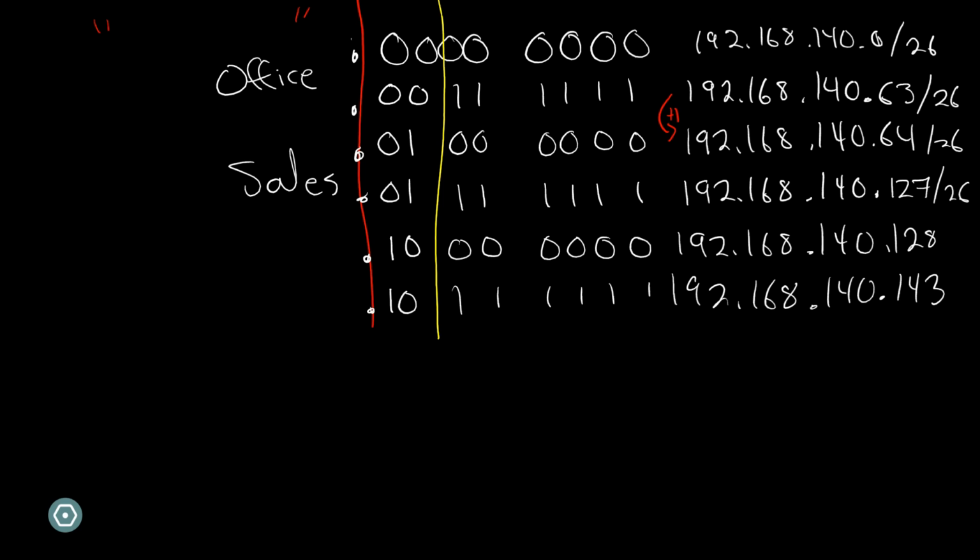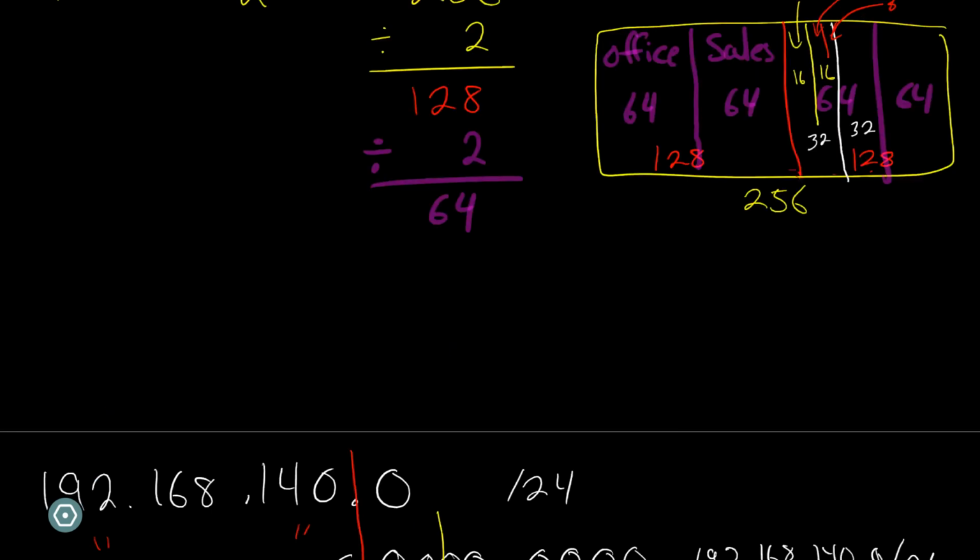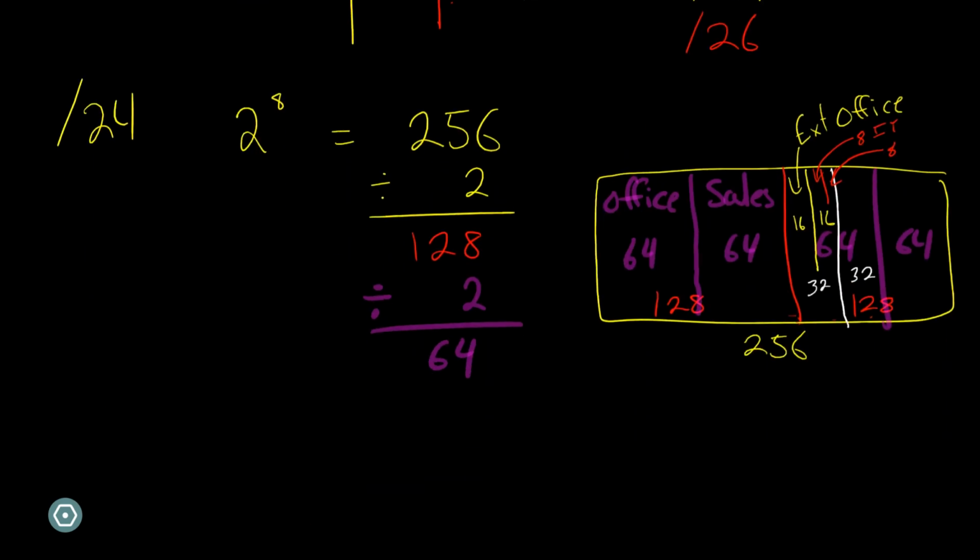What we know from above is that in fact, we're not going to split this into 4 quarters. We could continue and split up the last quarter, which would be the network starting with 11, and continue out there. But what we saw above is that the office is the first subnet, the sales is the next subnet, and then we never used this last subnet here.